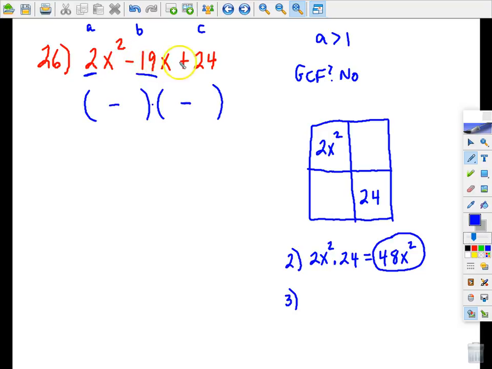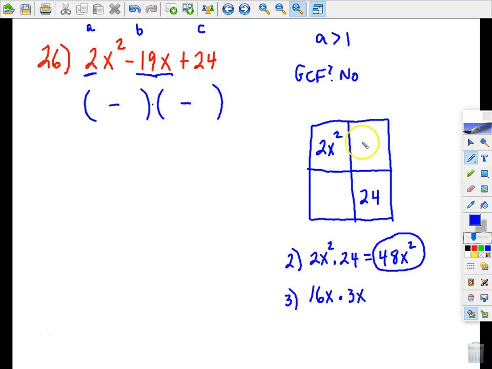So in this scenario, whenever you have minus in front of plus, don't worry about using negative numbers. That's already taken care of. So I've discovered that the factors of 48x squared that add up to 19x are 16x and 3x.